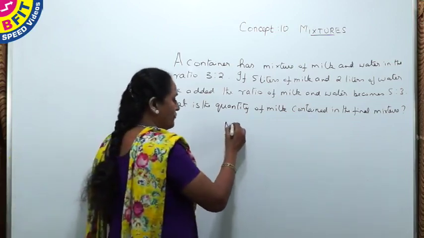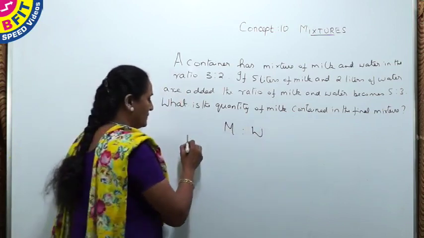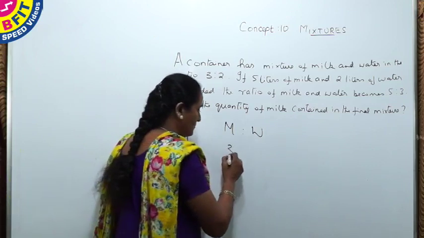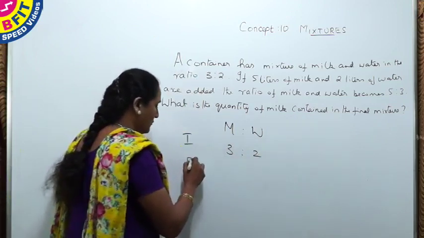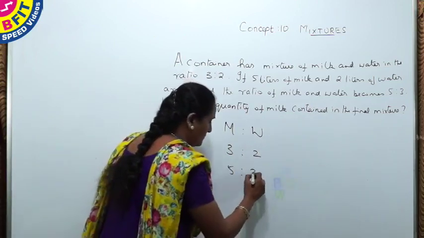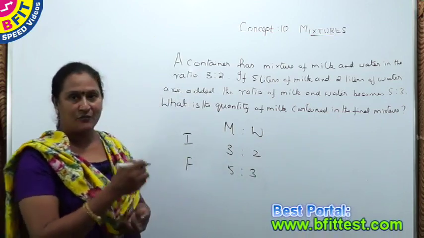So the ratio of milk and water initially is 3:2, and the final ratio of milk and water is 5:3, and it is given that 5 liters of milk is added.